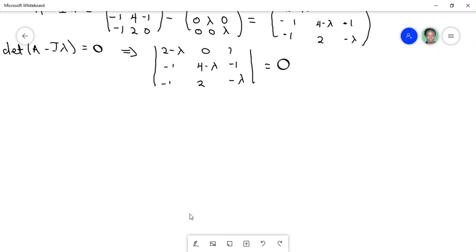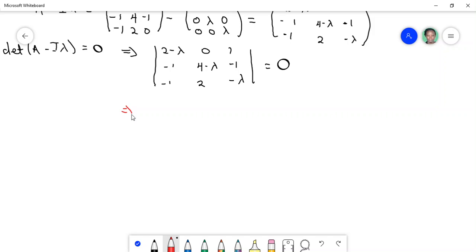If you simplify, you realize that we have 2 minus lambda times lambda squared minus 4 lambda plus 2, plus, this is also going to give us 2 minus lambda, which is equal to 0.